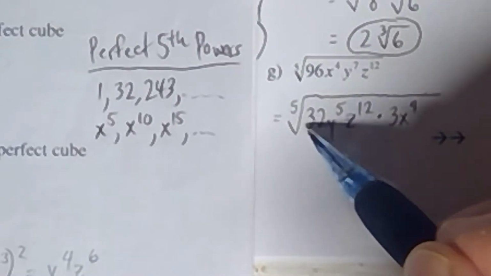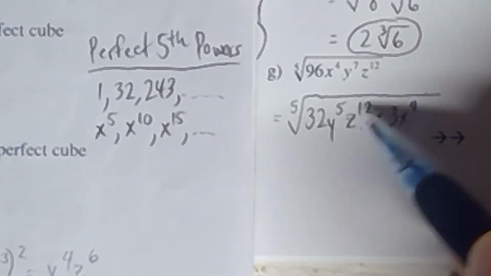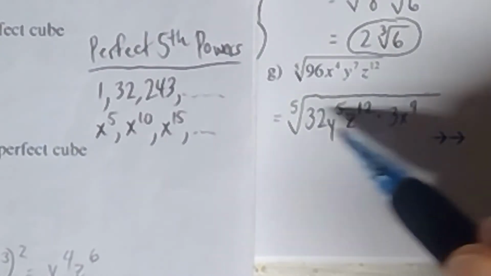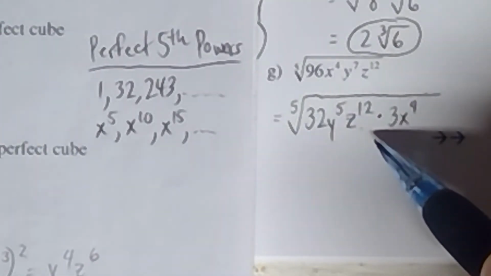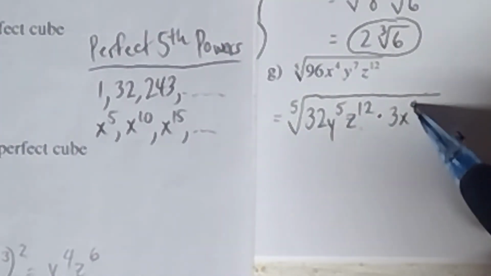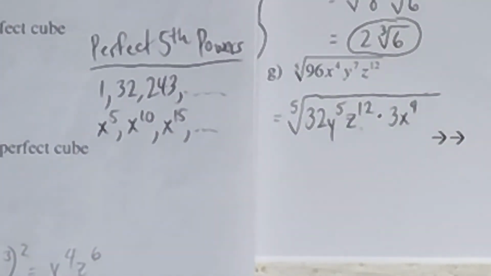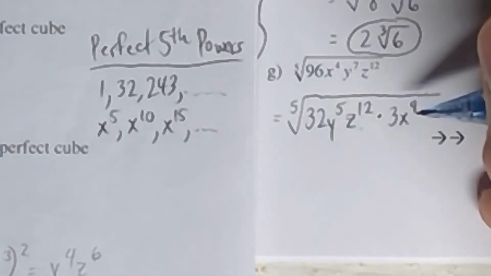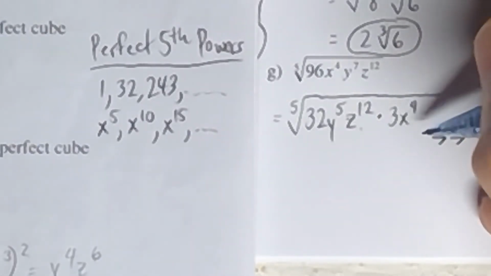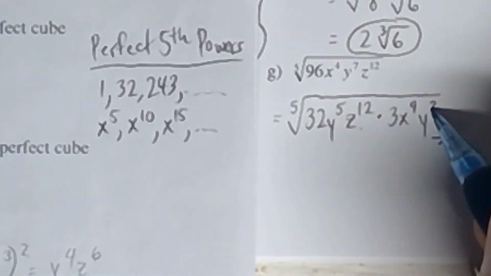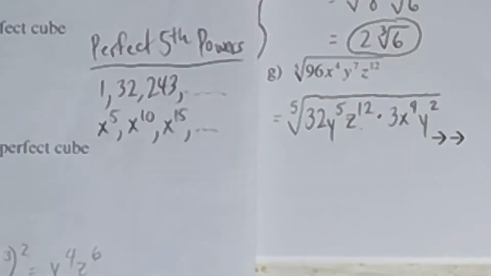If there's a variable that did not go in the thing you factored out, then that entire variable and the entire exponent would go into the second part, because there's no x here to combine with it. So the x to the fourth is still completely intact. It didn't get broken down at all into smaller parts. So x to the fourth goes here. Y to the second goes there, because 5 plus 2 on the y is equal to y to the seventh.